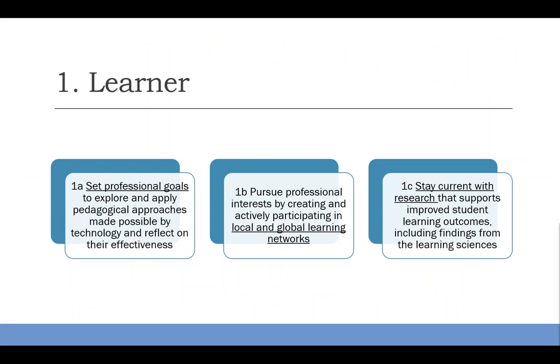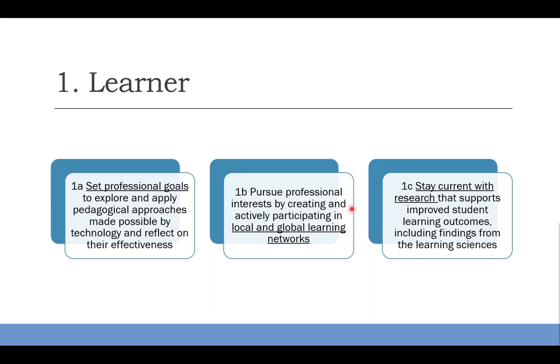So these are the three learner standards from ISTE. One, 1A, is set professional goals to explore and apply pedagogical approaches made possible by technology, and then reflect on their effectiveness. So you're going to actually explore new approaches made possible by technology and decide, for yourself, did this work or not, or what needs to be changed. 1B is to pursue professional interests by creating and actively participating in local and global learning networks.